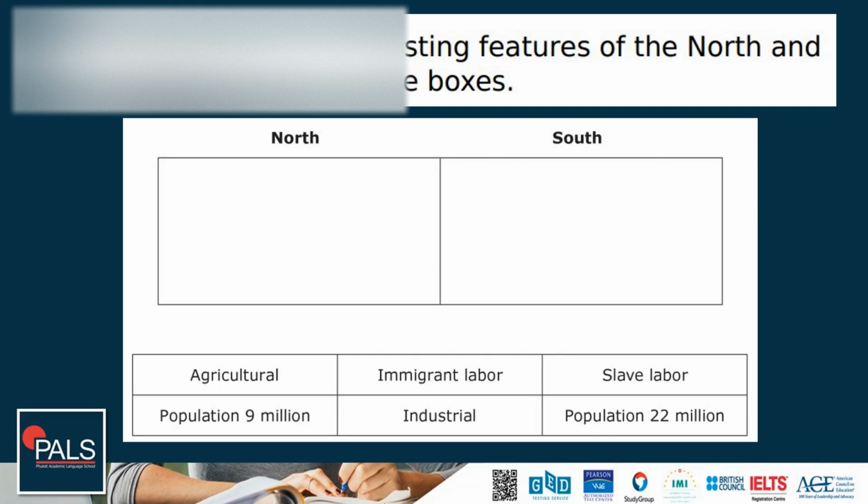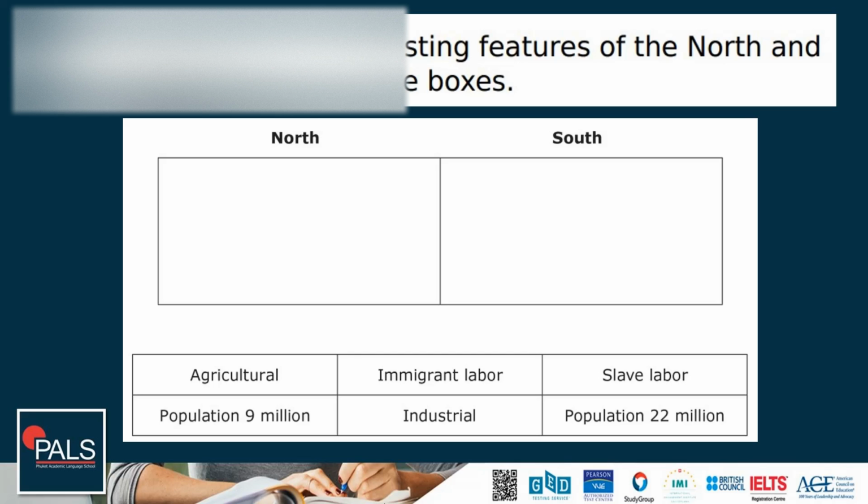Okay, next question is a drag and drop question. We can't do that here because we have JPEGs, but I've drawn some messy underlining on the next slide for you. So it says, drag and drop the contrasting features of the North and the South into the appropriate boxes. So this would be related to U.S. history, particularly talking about the Civil War.